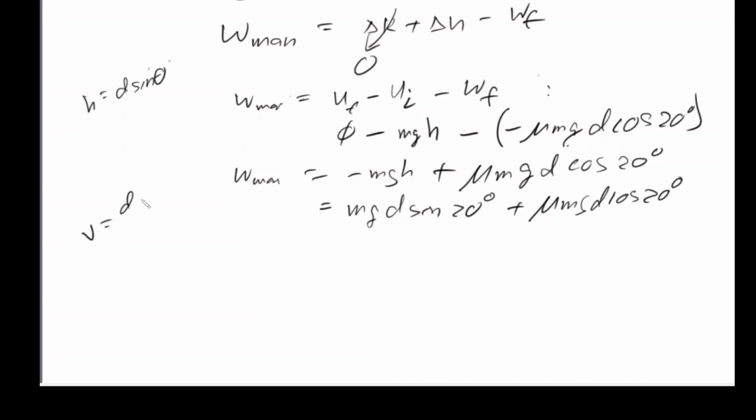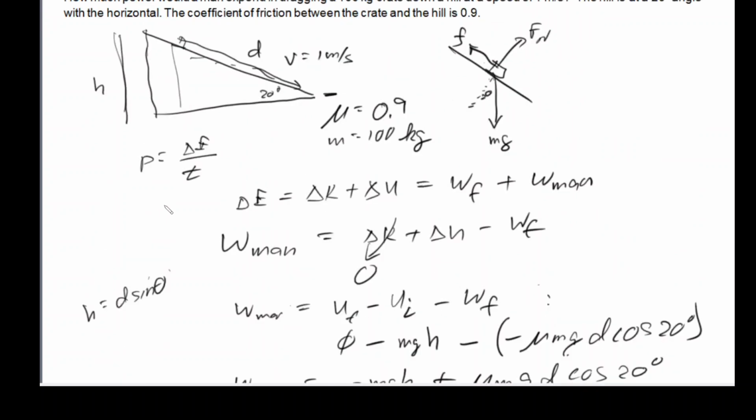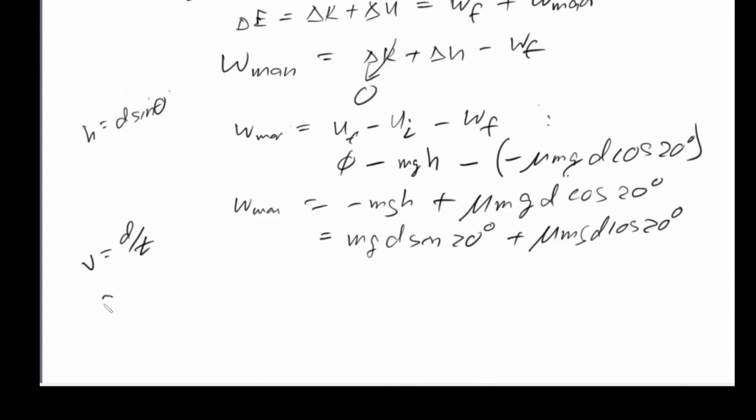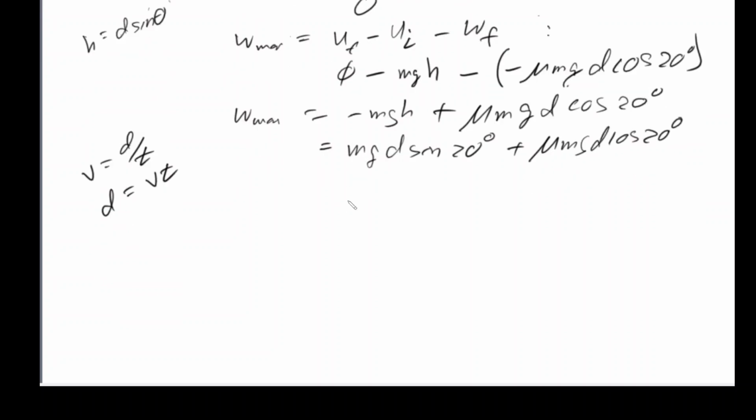Well, we know velocity is distance over time. So we know the velocity that it's coming down the hill. So d would simply be velocity times time. So if we substitute that in, we get mg, velocity times time, sine 20 degrees. It's minus plus mu mg vt cosine 20 degrees.